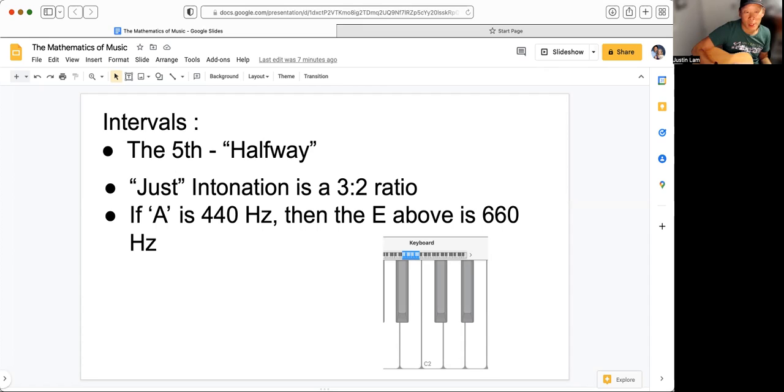In the frequency ratio of these intervals, if A here is my 440 hertz, then E above is a 3:2 ratio of that. That is 660 hertz. The octave is exactly double the frequency, and what we describe as sort of halfway in between is that fifth. That's just a basic kind of interval.